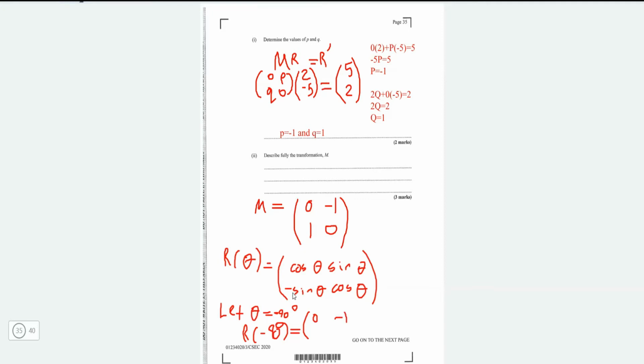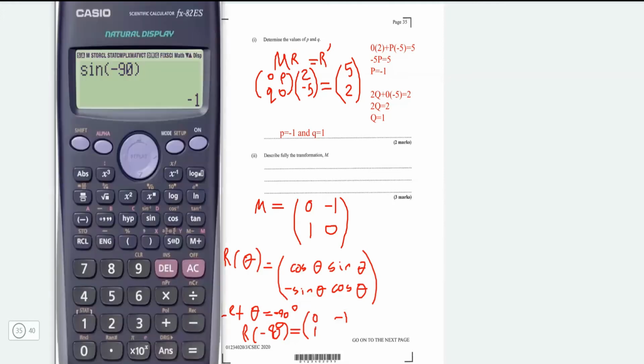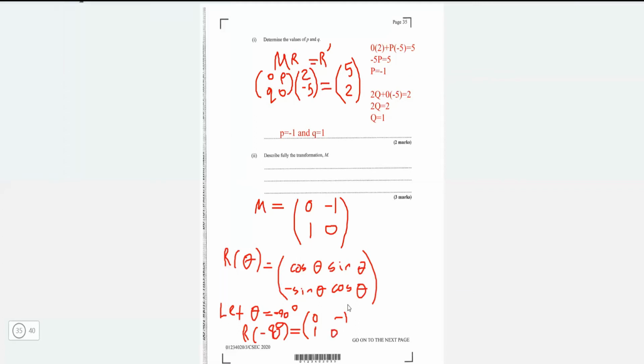Then put in minus the sine of -90. That's going to be -(-1), which is 1. Just to verify it, see it here. So put a negative in front of the sine right there, you just get 1. And then the cos of -90 is 0. So R of -90 is (0 -1; 1 0).